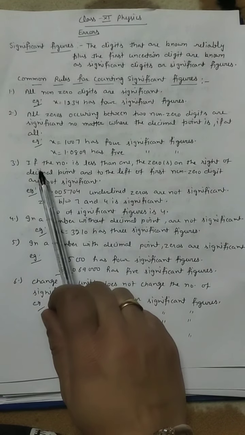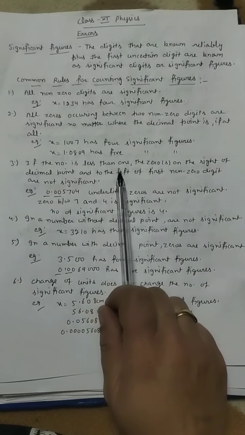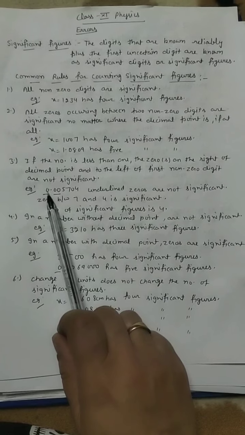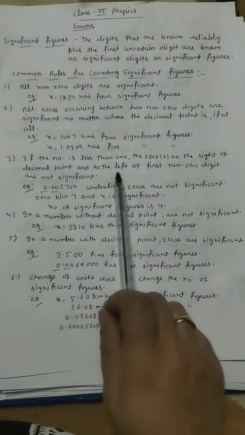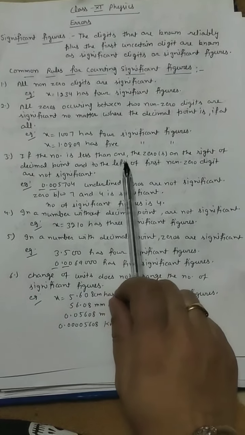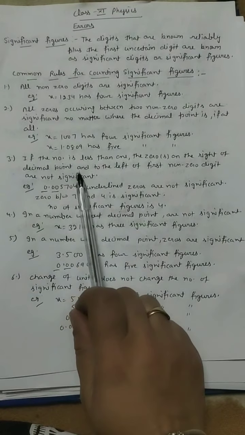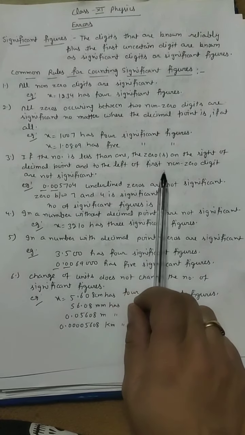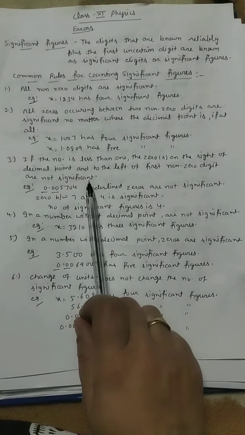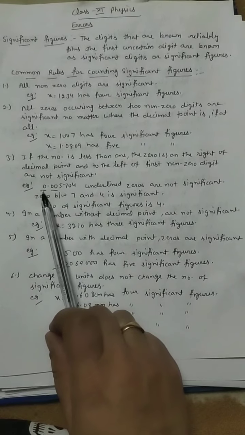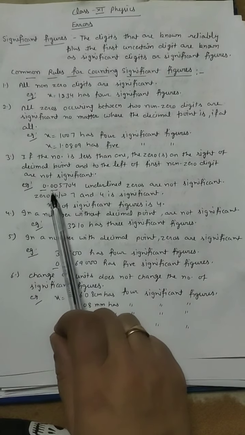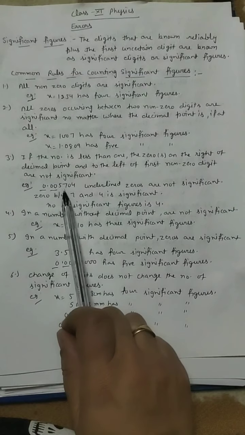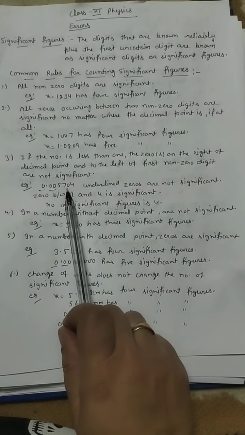The third rule: if the number is less than 1, like 0.00, the zeros on the right of the decimal point and to the left of the first non-zero digit are not significant. The underlined zeros are non-significant figures. It means in this number we have only four significant figures.